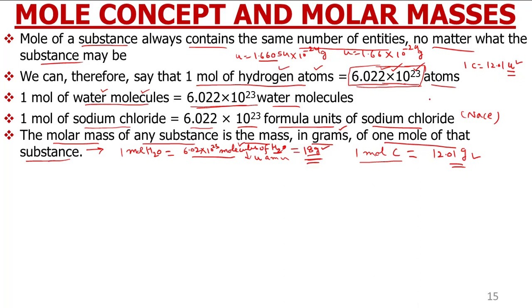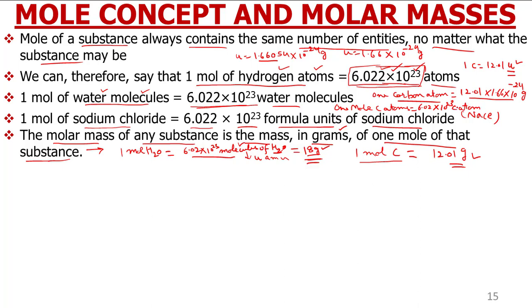So the weight of one carbon atom is 12.01 × 1.66 × 10^-24 grams. So this is a very small weight. 1 mole of carbon atoms is equal to 6.02 × 10^23 carbon atoms.